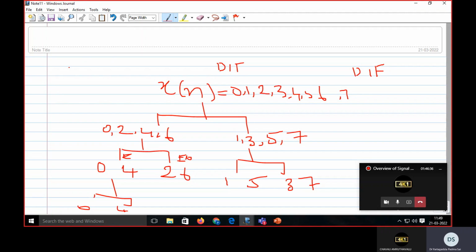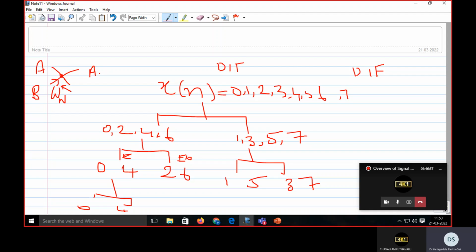Now this is one way of the algorithm, and here in DIT we are using one more principle, in place computation. Actually you have the butterfly. This is my A, this is B. Here you have your twiddle factor, for example omega nk.